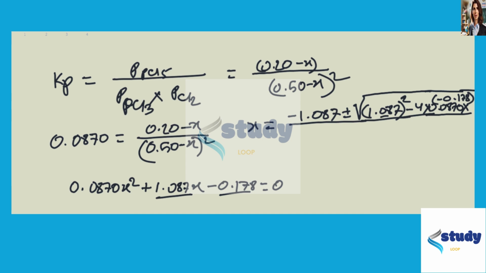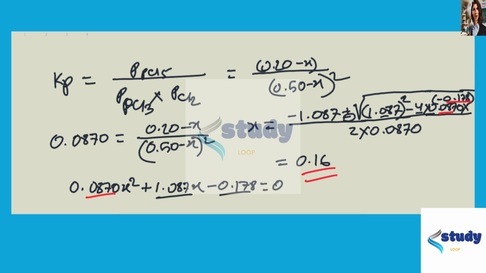So it is b squared minus 4ac, and it will be put over twice a, that means 2 times 0.0870. Solving this, we get two values. One will be a negative value, and we'll ignore that and just take the positive value, which is 0.16.